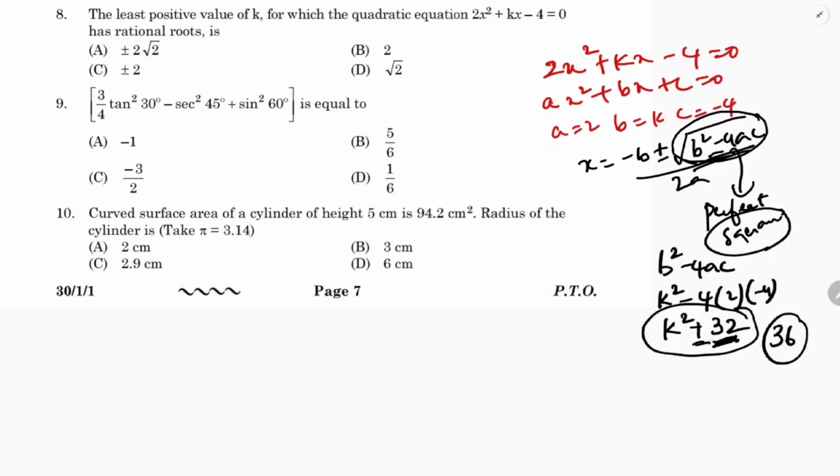If it were negative, I would have tried for the bigger number, but it is positive. So 32 plus 4 will give you 36. So k square should be 4. k equals root 4, which is plus or minus 2. In option C we have plus or minus 2, but they told very clearly the positive value. So the correct option is B.